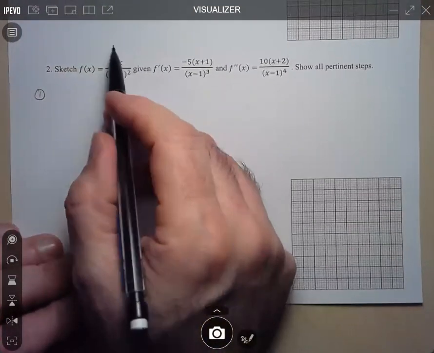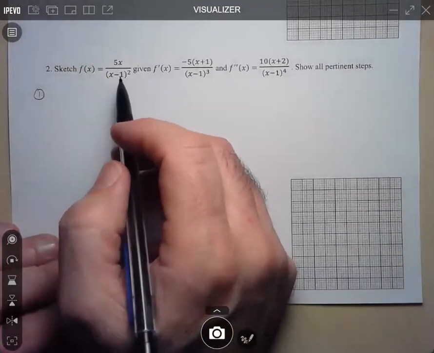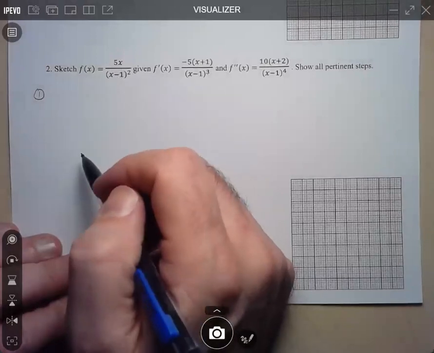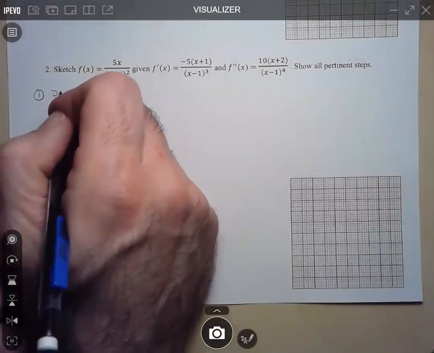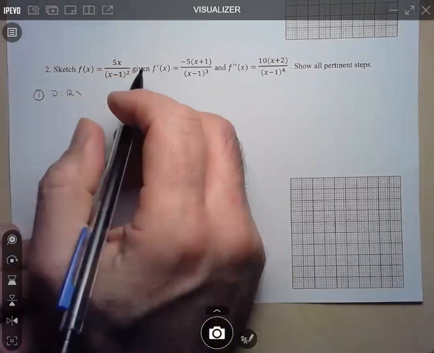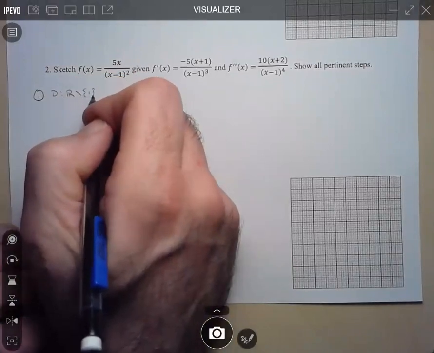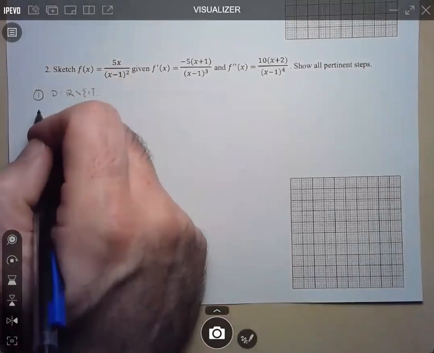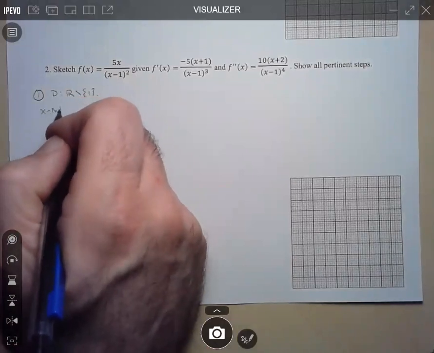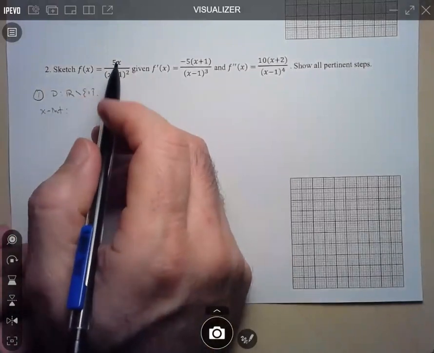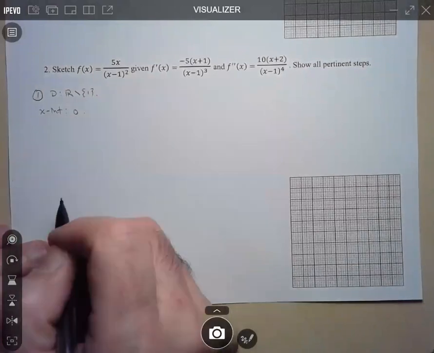Okay, so I'm going to focus on this equation here, and I see that my domain will have one restriction. So the domain is all real numbers, but I'm going to eliminate 1. Here I have one x-intercept. The numerator is going to be 0 at 0.